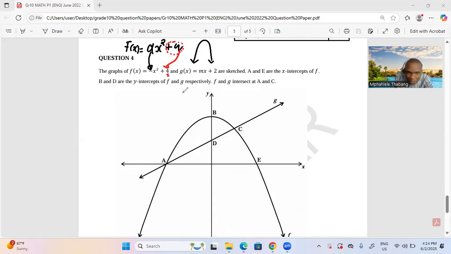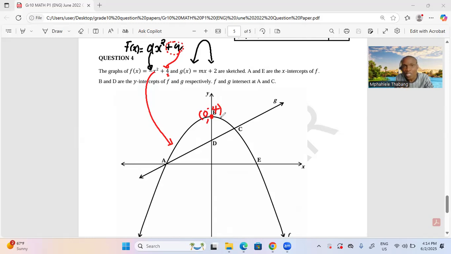It means where the graph turns, in this case for this f of x, it turns at the point B, where y is 4. Actually, the coordinates of this point B are 0 and 4, because for any point on the y-axis, the x-coordinate will be 0.